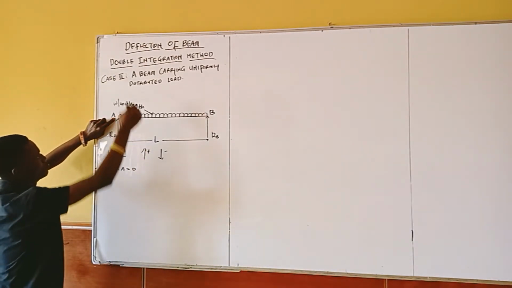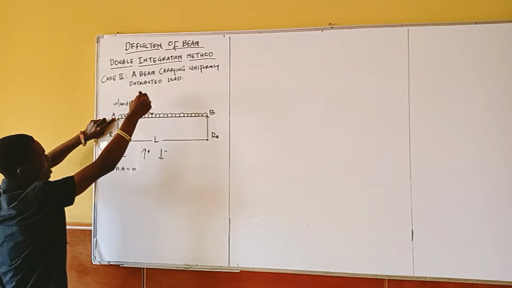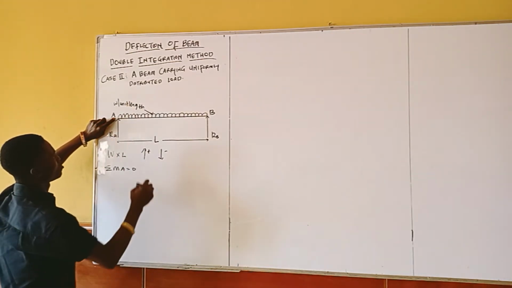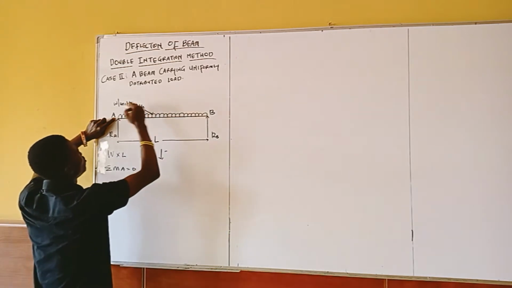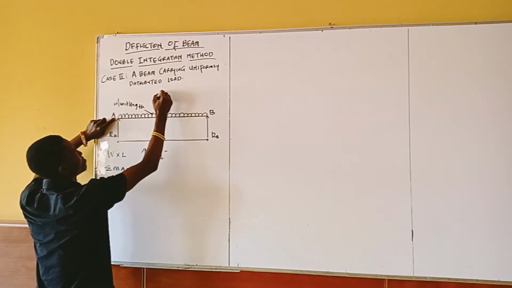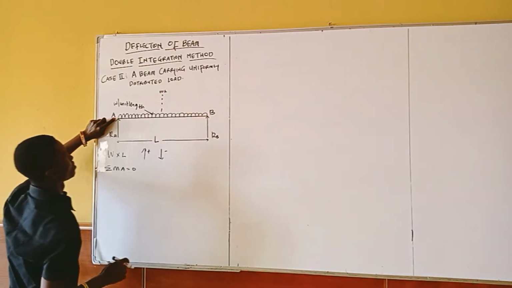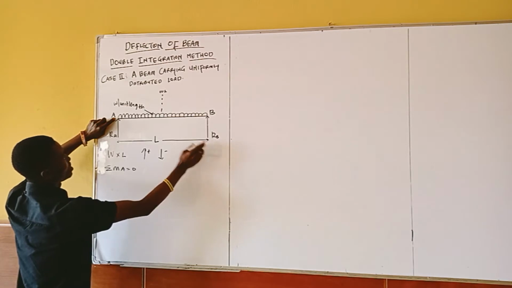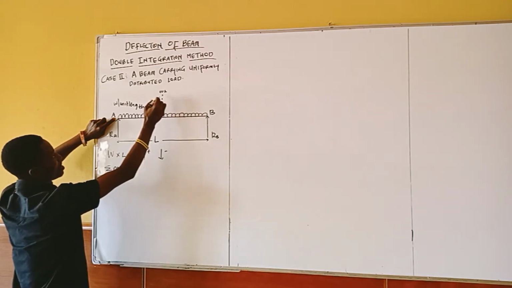I know that the total load acting at the point here is WL, which I've already converted. I have the force RB here, and I have the force WL here.